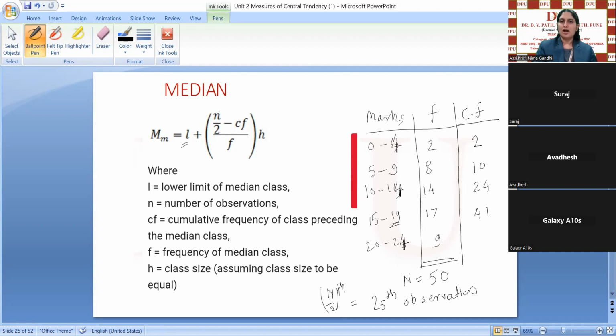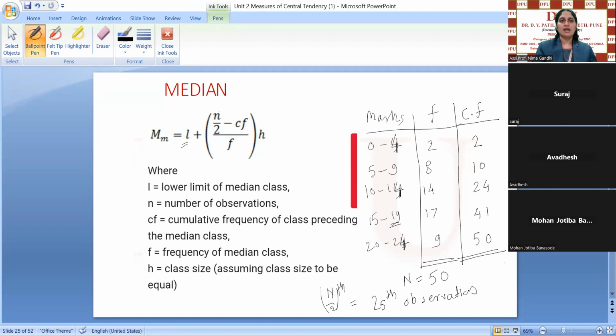Below 24, how many observations are there? All observations are below 24, so the total number of observations below 24 is 50. So this way we can find out the cumulative frequency.